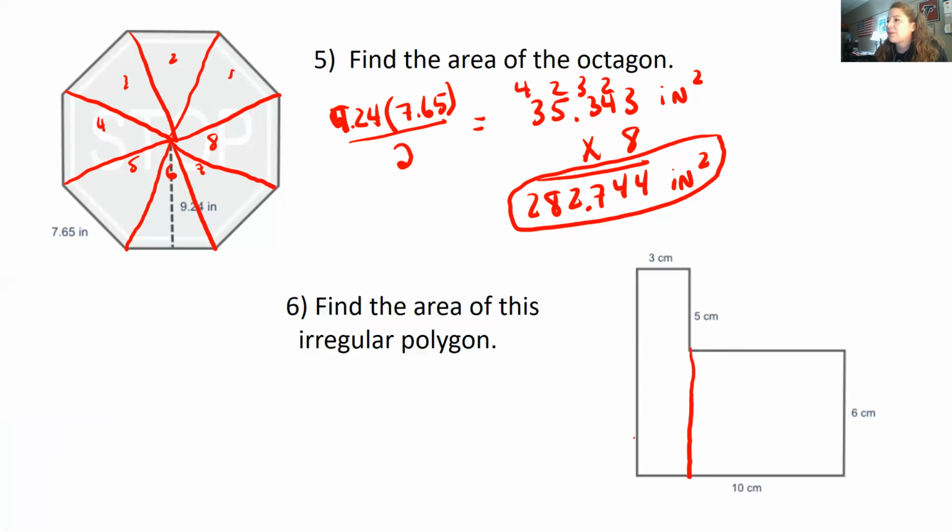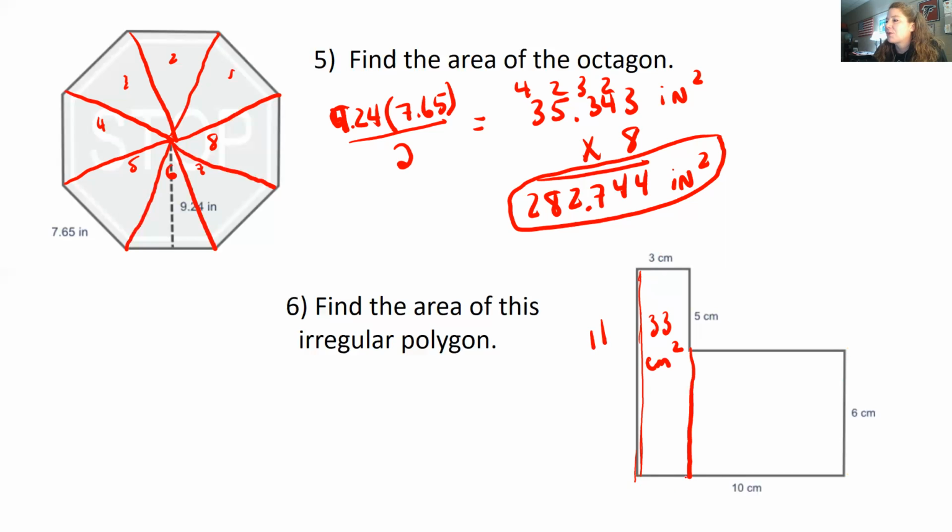All right, so think about the dimensions of this long rectangle. Well, how long is this whole wall right here? 5 plus 6 is 11. So we have a 3 by 11 rectangle. 3 times 11 is 33 centimeters squared. And then what are the dimensions of this? Well, it's not 10 anymore, is it?